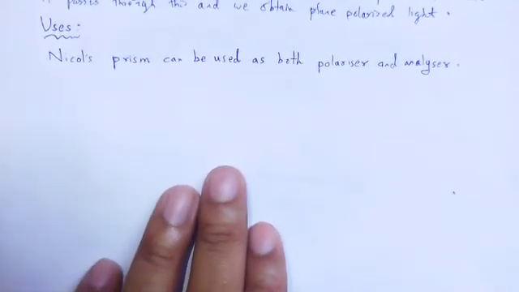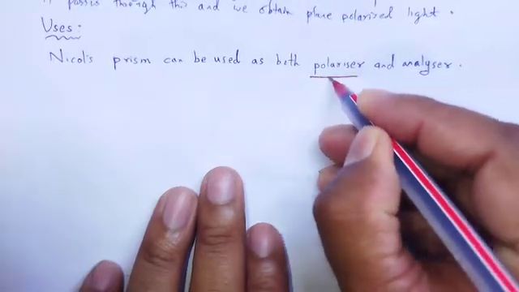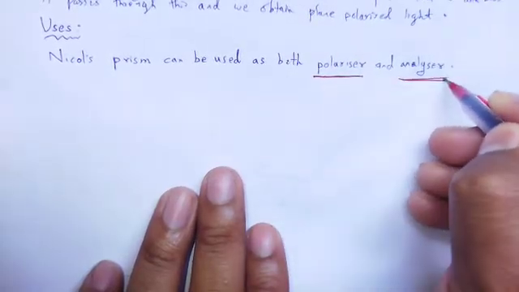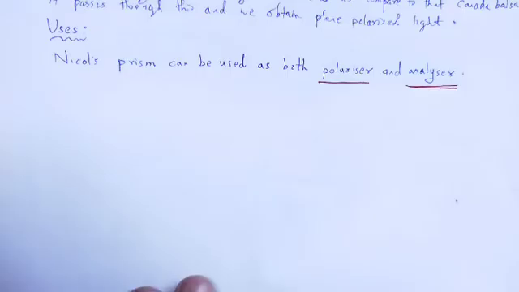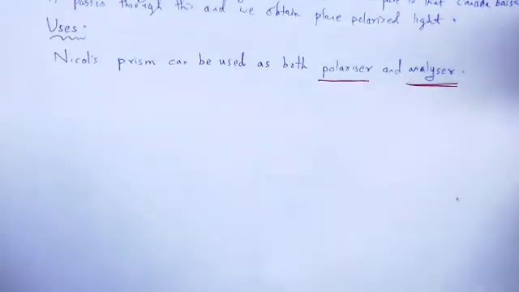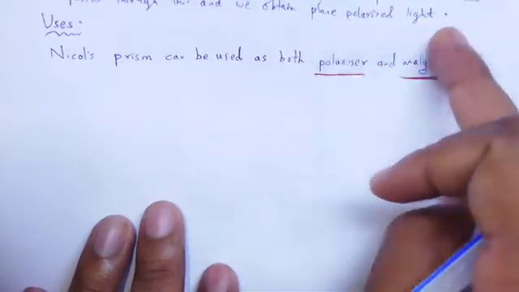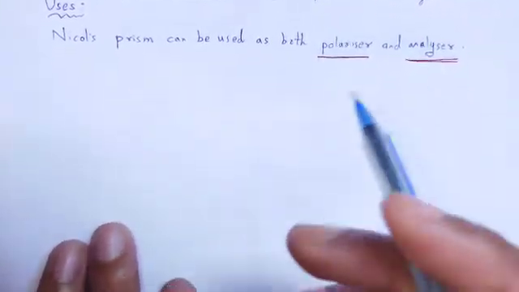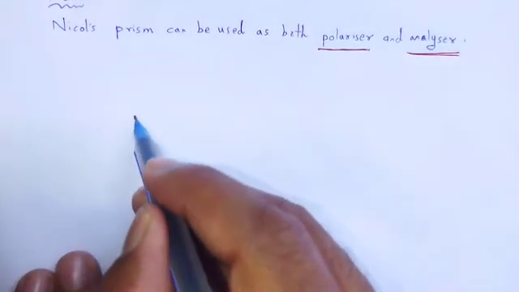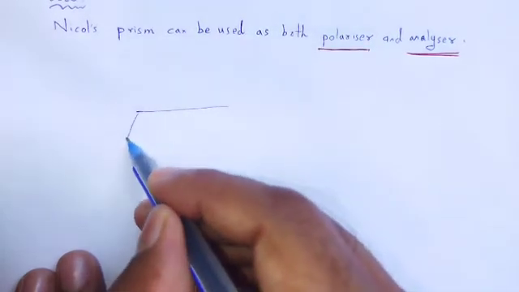Next, uses of the Nicol prism. The Nicol prism is used both as polarizer and analyzer. What is a polarizer? As we showed in the previous section, we obtain polarized light by using a Nicol prism.